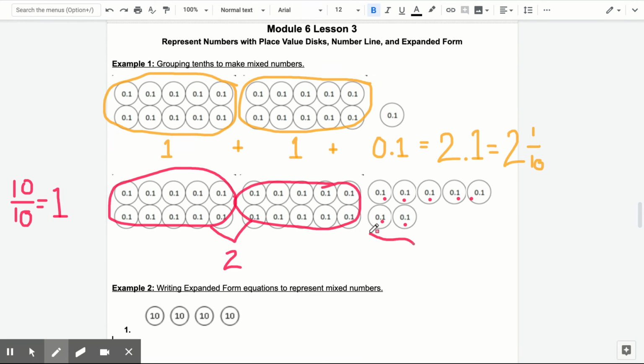So that means all together that would look like 0.7. I can put these together real quick. And my final answer is 2 and 7 tenths. I'll write it as a decimal first, and then we'll just keep practicing writing it both ways. And then I'll write it as a fraction, 7 tenths.